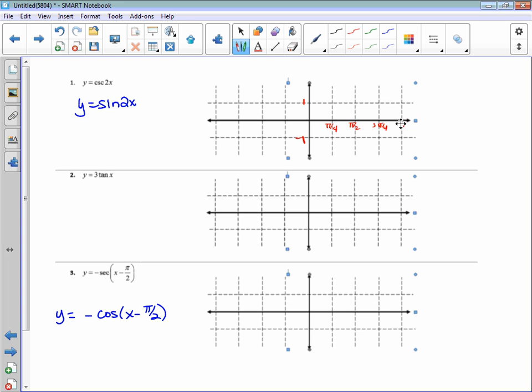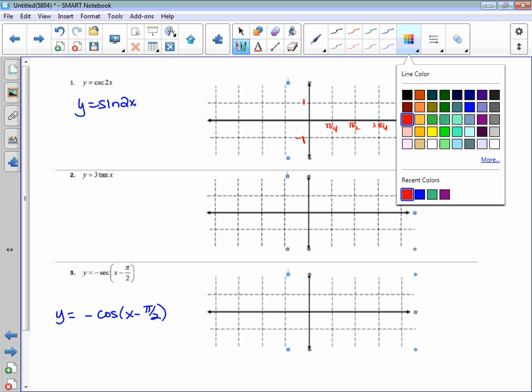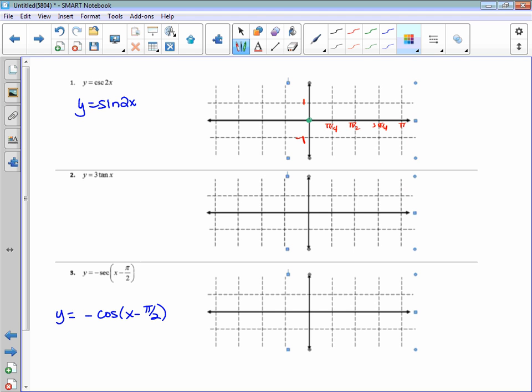Okay, so then I'm going to graph sine. Then you need to turn it into cosecant. So you've got asymptote.